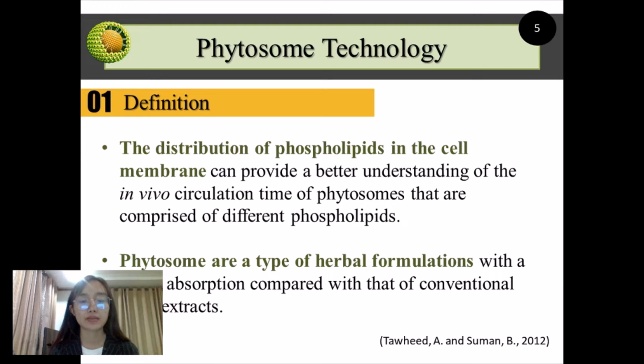Number 1, phospholipids are natural substances with in vivo physiological function, which makes them more comprehensible for enhancing their application in designing novel drug delivery systems. Phytosomes are a type of herbal formulation with better absorption compared with that of conventional plant extract.